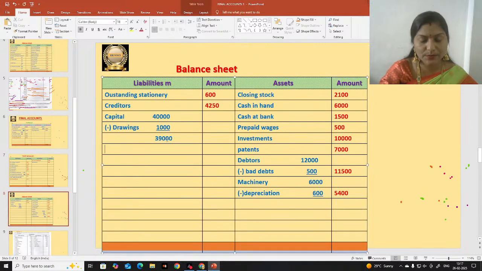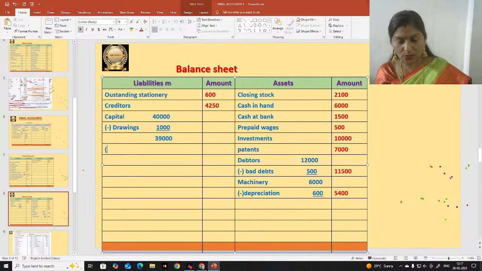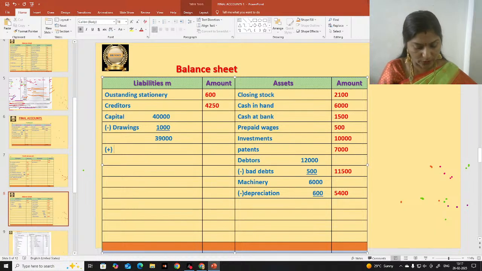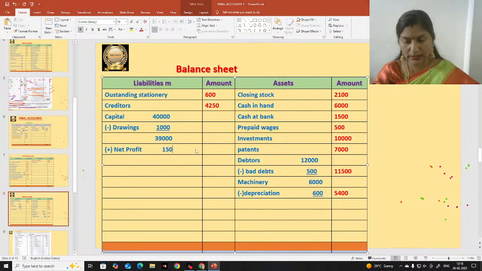Already we left some space here in the balance sheet. So always net profit will be added. Net profit you should add. So how much net profit are we getting? We are getting 150. So you add it and see how much you are getting.